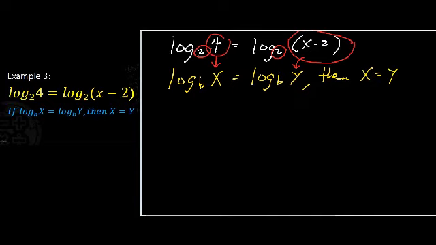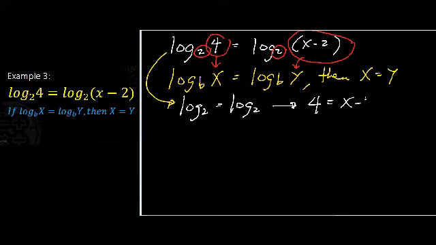Okay, pag magkamukha yung ating base sa ilalim ng log, yung subscript sa ilalim ng log ay magkamukhang numero, automatically the equivalent are also equal. Okay, so in this case, yung log 2 nung ating left side is equal to log base 2 sa ating right side. Equivalent sila, magkamukha sila. So therefore, it will lead to 4 is also equal to x minus 2. Magiging equal yung dalawang equivalent nila.